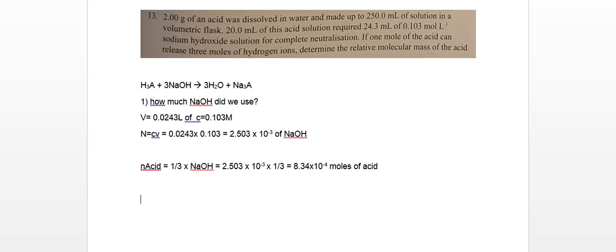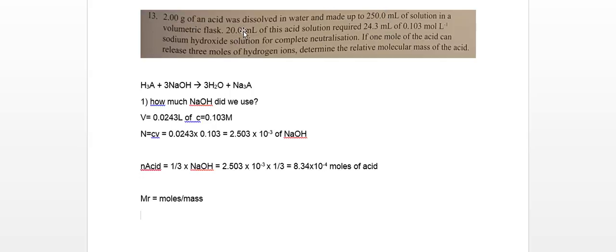If we're going to calculate the molecular mass, we know that molecular mass equals mass divided by moles. That's year 10 stuff, the old story. Now we've got moles. How do we get the mass? Well, we look at how much of that 2 grams we added.